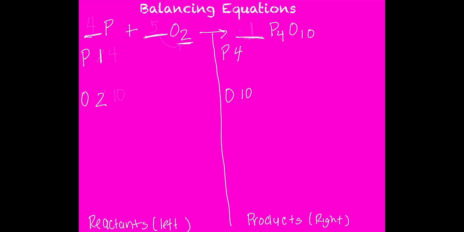What is a number between 1 and infinity that I can multiply by the subscript 1 that is going to give me 4? Well, we know that will be 4, right? So if I use the coefficient 4 and multiply it by the subscript 1, I am going to have 4 phosphorus on my reactant side. So now I got my phosphorus balanced by using my coefficient.